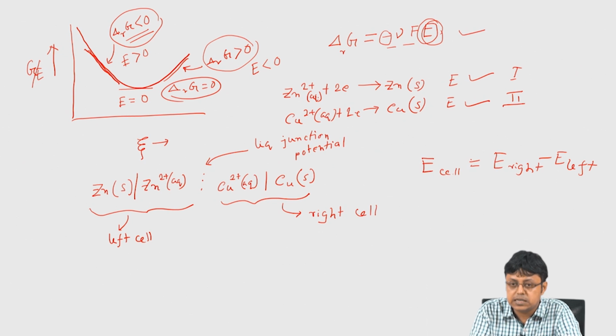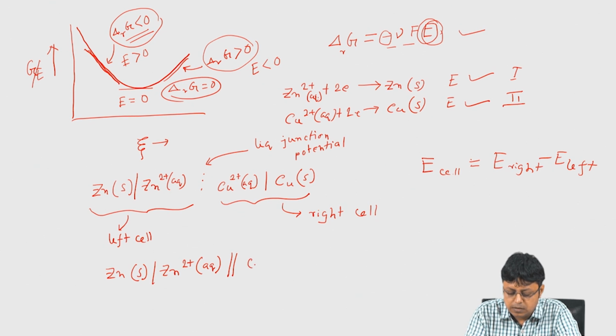If they are connected by a salt bridge, where the liquid junction potential is removed, then we write the total electrode with 2 vertical bars when the liquid junction potential is removed, and we denote the entire cell this way. This is equivalent to saying that it is connected via a salt bridge.